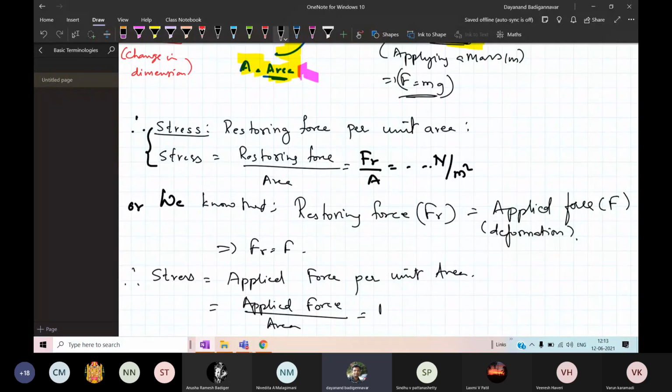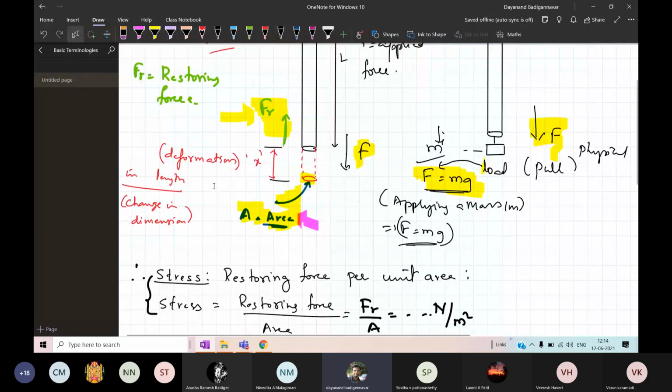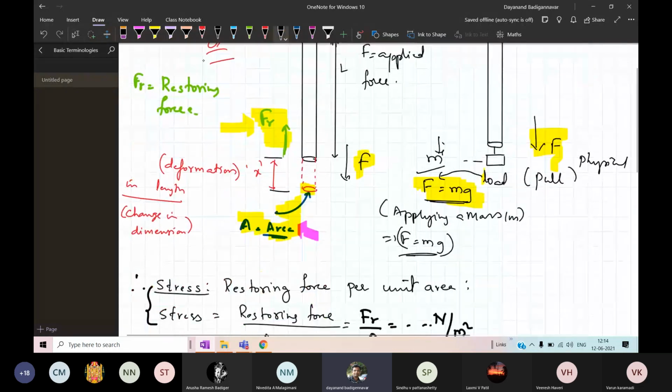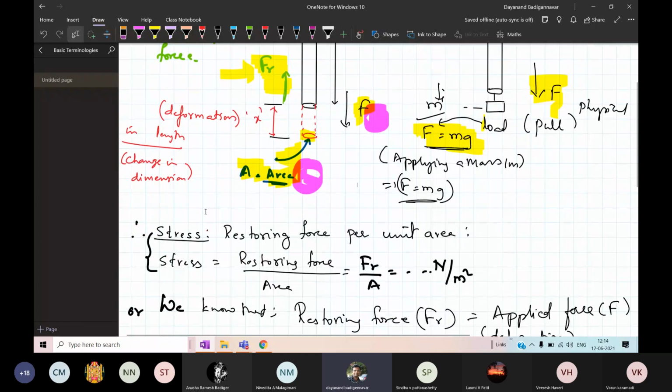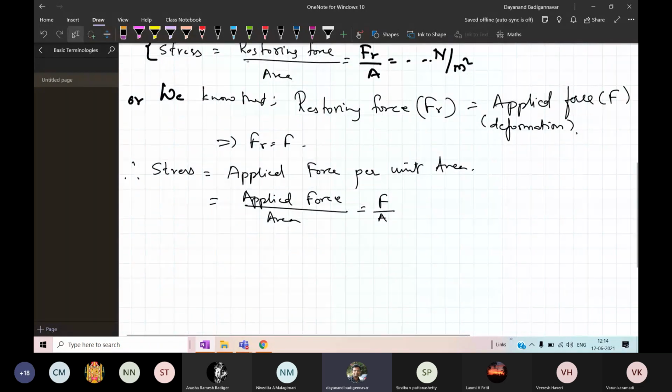Now applied force I have taken as F, area I have taken as A. This is the value of F and this is the value of A. So F by A is the stress that is generated in the body. Stress is equal to F by A, that is Newton per meter square.